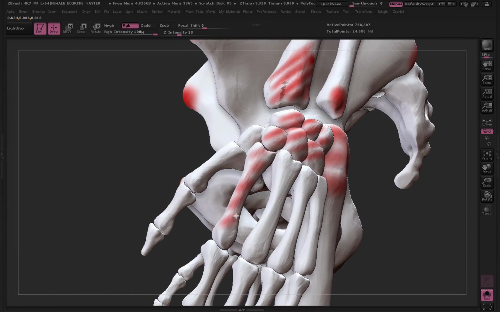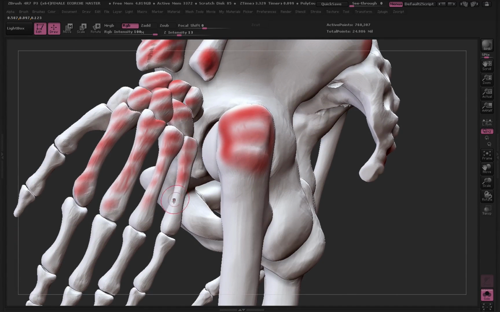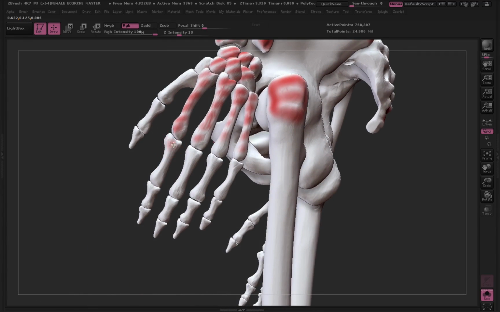But generally speaking, we have a scenario not that different to the foot, whereby the back of the hand is nearly all determined by subcutaneous bony form.